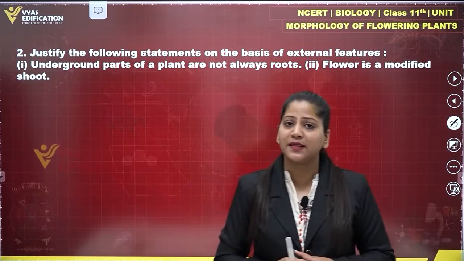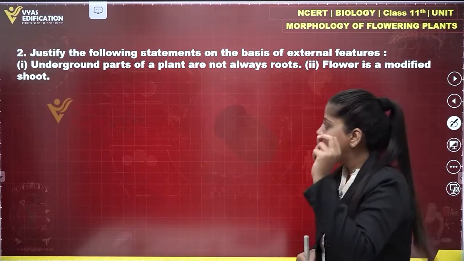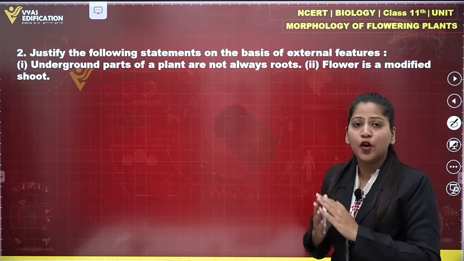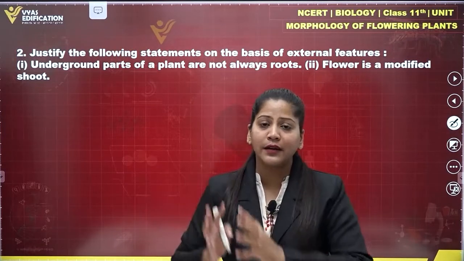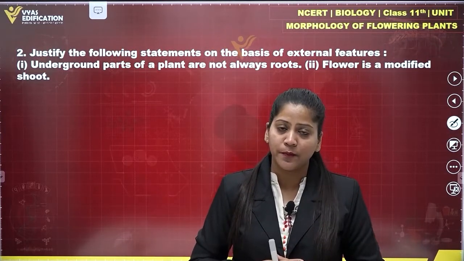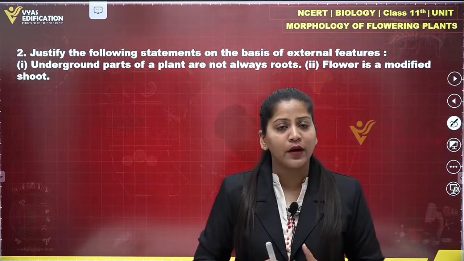If we talk about some examples to justify statement number 1, that underground parts of a plant are not always roots, it is not necessary that the underground part of a plant is always root. It can be stem, it can be leaf, it can be flower as well.